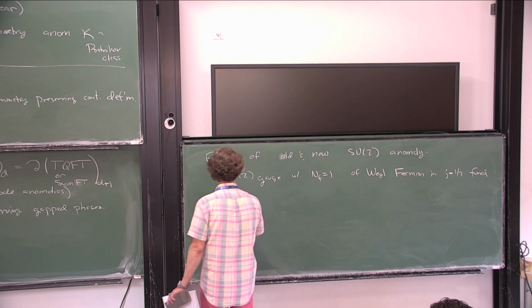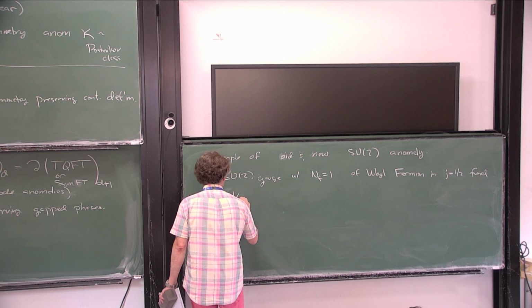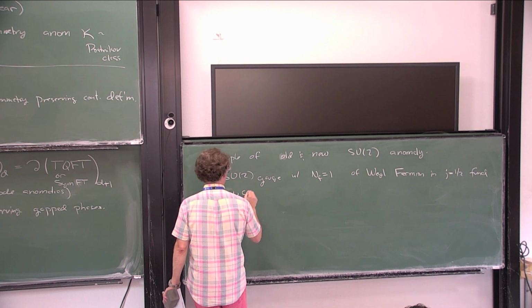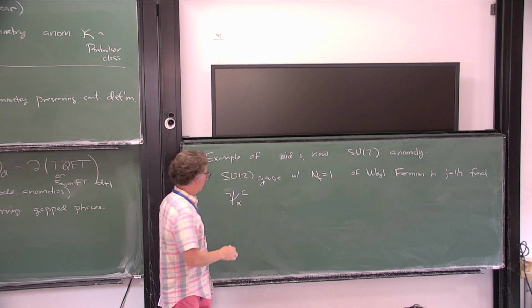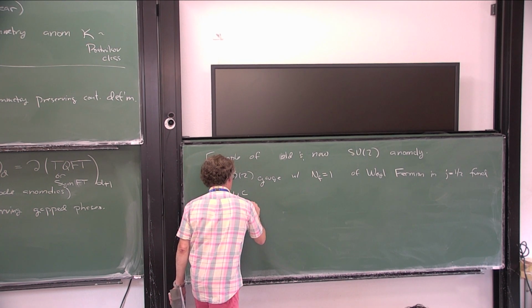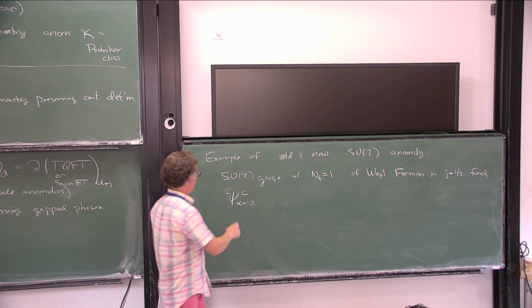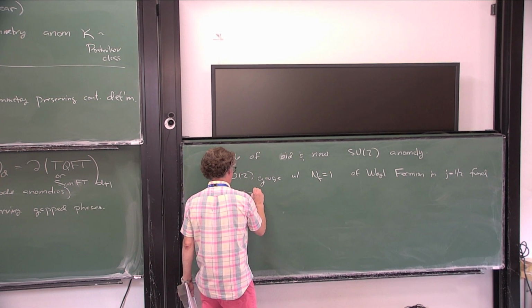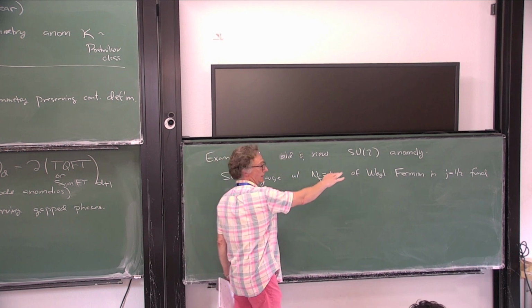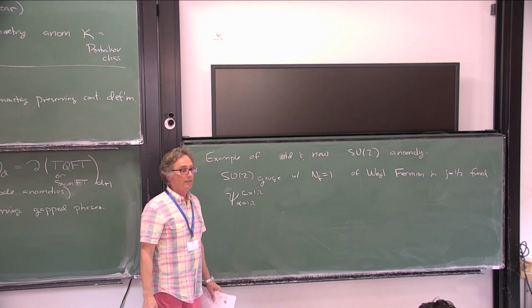So we could write this fermion as psi alpha C, where alpha is a Lorentz index. It runs over two indices because this is a Weyl fermion, and this C is a color index that runs over 1 and 2 because it's in the fundamental of SU2.